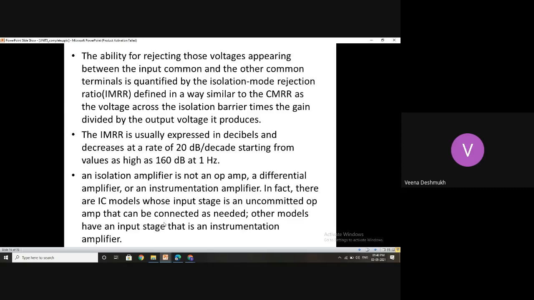So how is it defined? The ability to reject those voltages appearing between the input common and the other common terminals is quantified by this IMRR. So basically the common mode signals appear through the same connections.